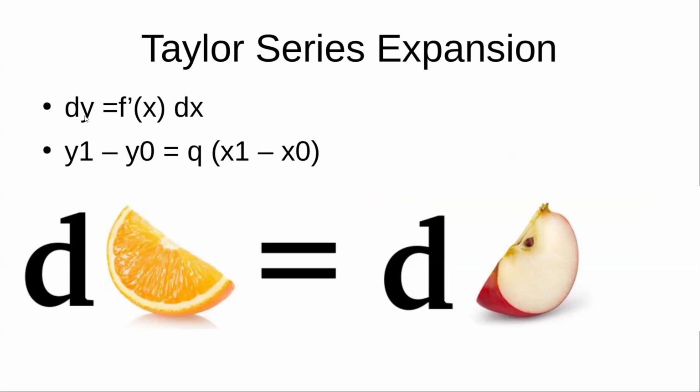Differential of the orange price is differential of the stock price times the derivative of that function. What does this mean? So the small change in option price, let's say option price now is Y0, and stock price now is X0.